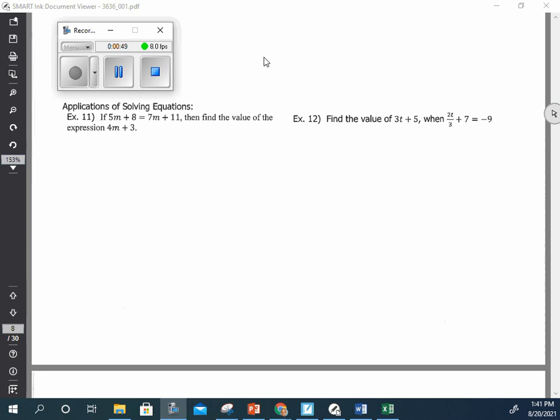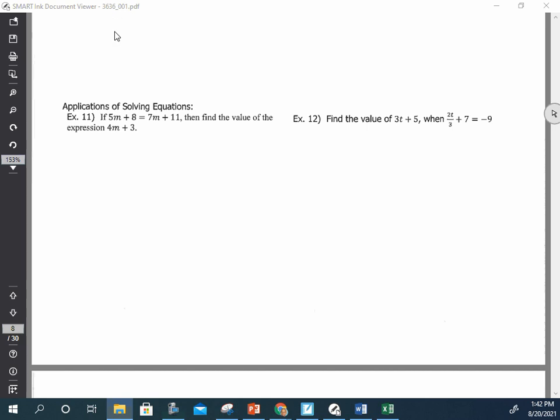So here we are starting with two equations that not only are we solving equations, we are also evaluating an expression that goes with them. So if 5m plus 8 equals 7m plus 11, find the value of the expression 4m plus 3.